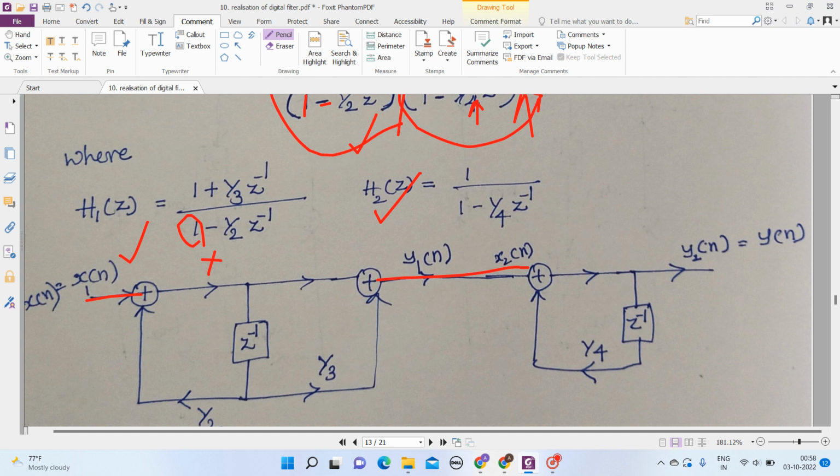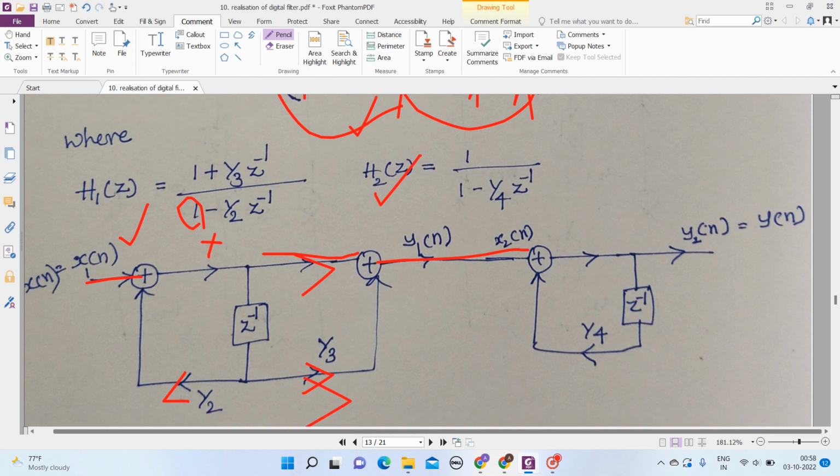This is my second numerator equation. This is my w1 of n. This is my 1 by 3 w1 of n minus 1. See here the direction is very important: for this one it goes like this, and here it comes the opposite way. This is my h1 of z structure.